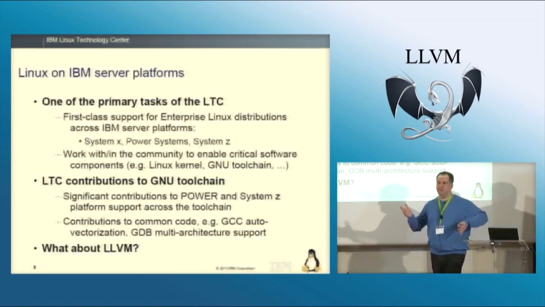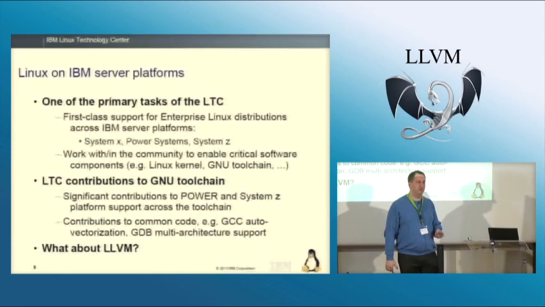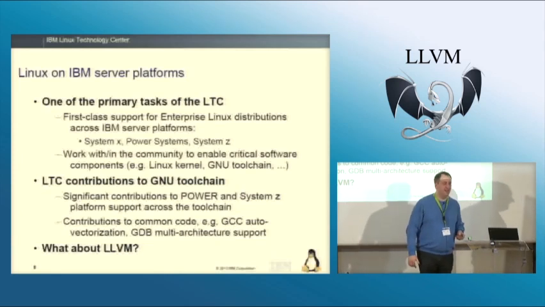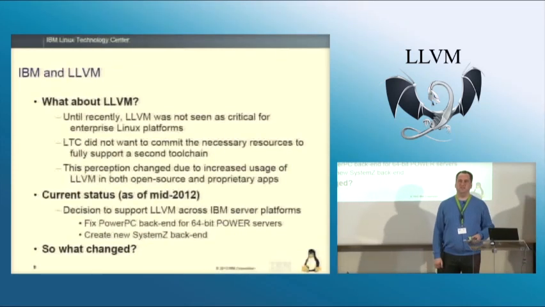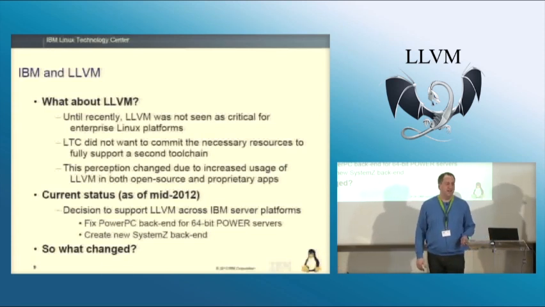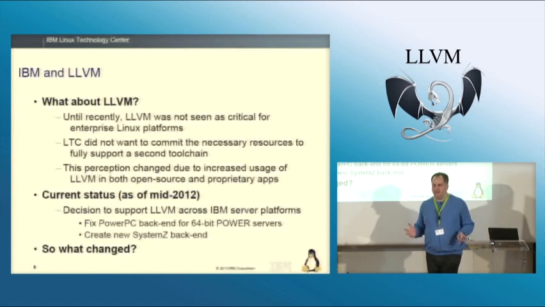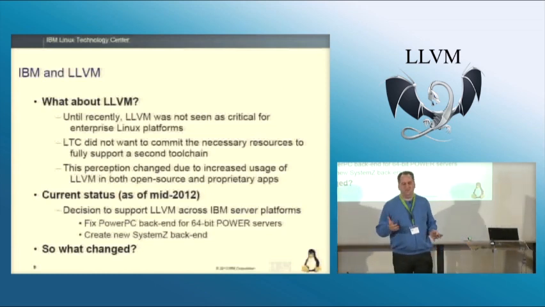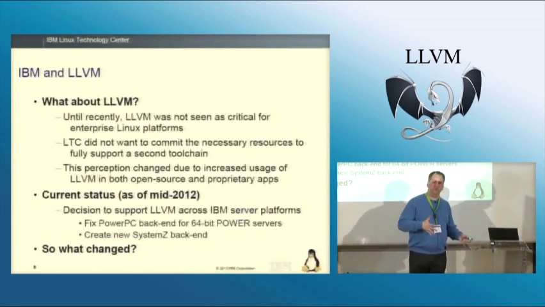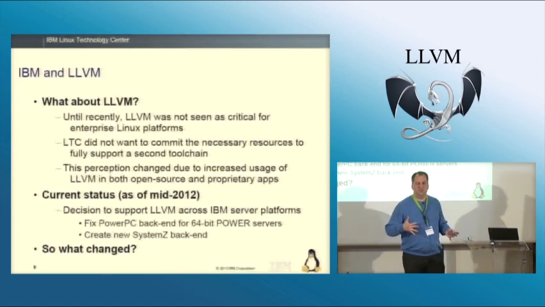So I guess the question in this audience becomes, well, what about LLVM? And the answer to that is, until recently, nothing really. There are two reasons for that. Really, one reason is that supporting a toolchain for a platform, and supporting it well, so it actually generates code that fully exploits the platform and works well on it, is not a small task.